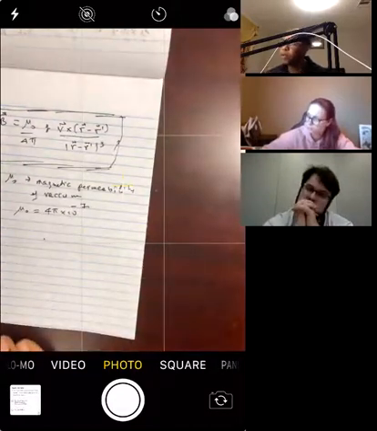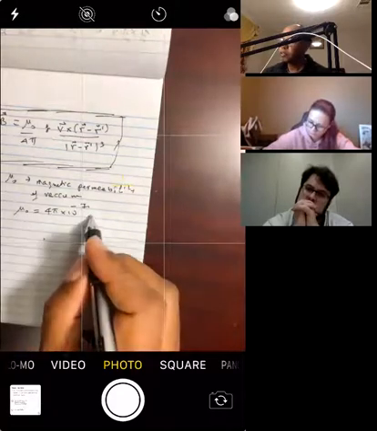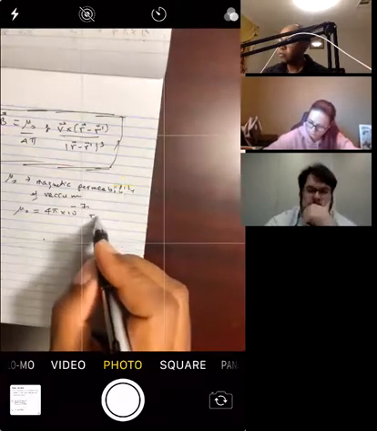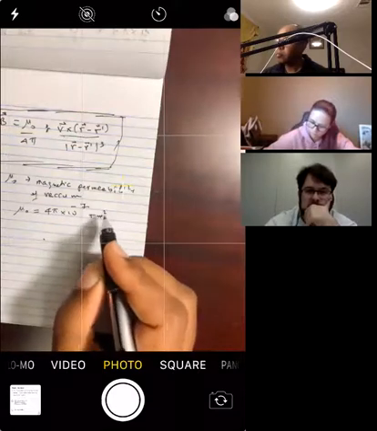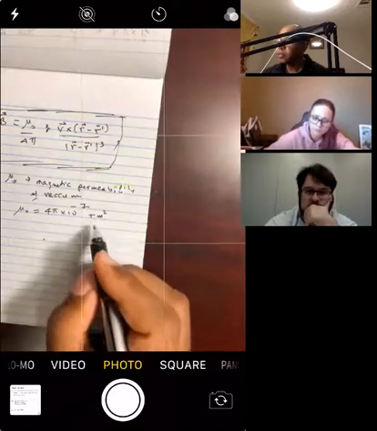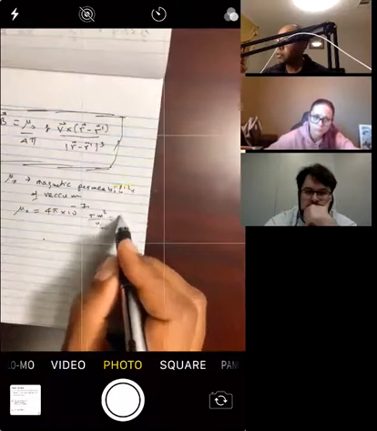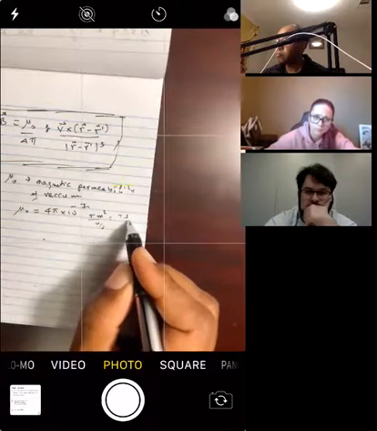The units will be Tesla meter squared, I guess, divided by meter per second, something like this. So it'll be Tesla second meter, something.